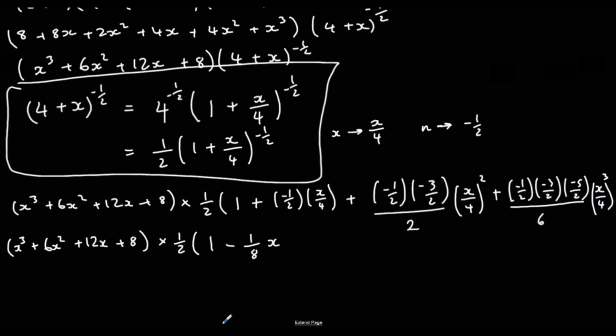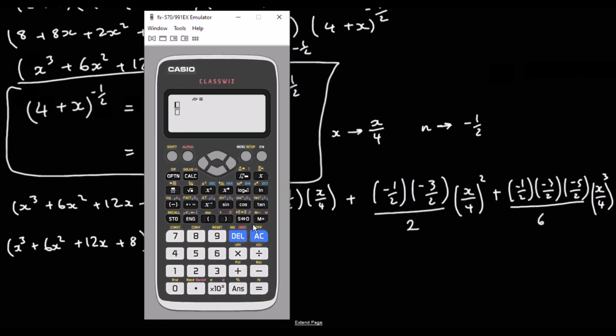For the next term, we can use the calculator. So we've got minus a half times minus 3 over 2 over 2 times x over 4.